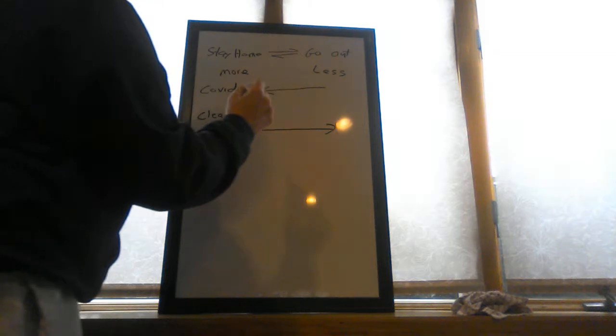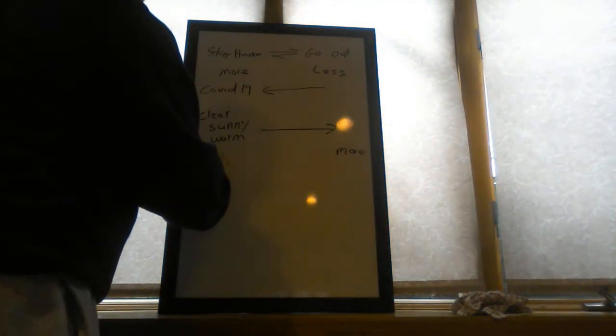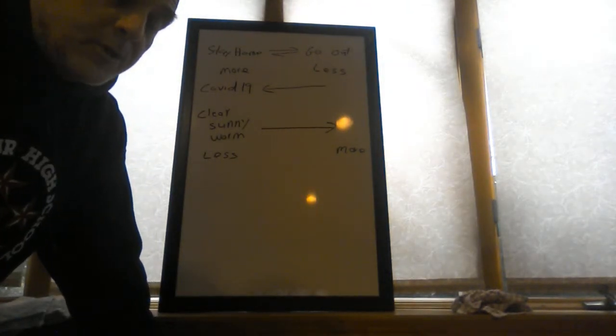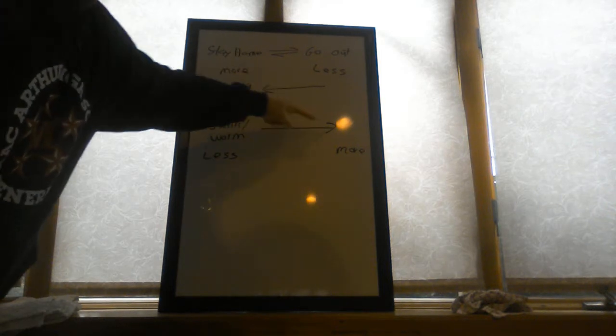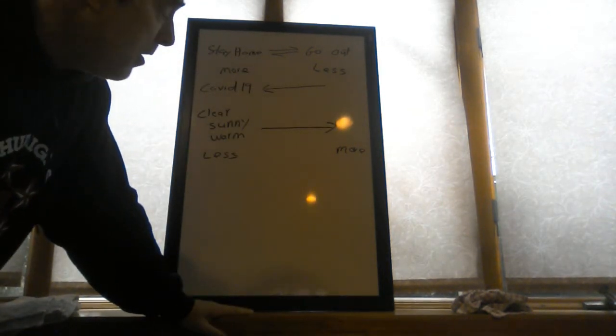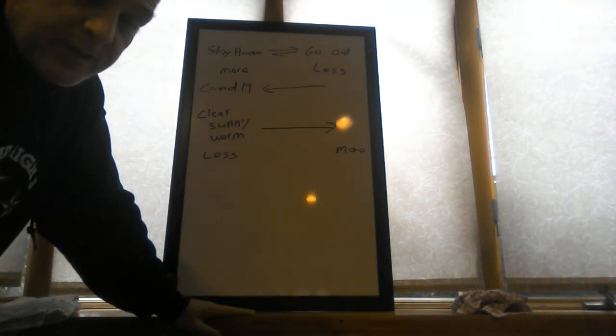In shifting to the right, the time that we spend out would be more. That means the time that we're going to spend in the house would be less. In shifting the position of equilibrium in the direction that we determine, either reverse or forward, whatever is on the side of the arrow where we're pointing, all those things increase.